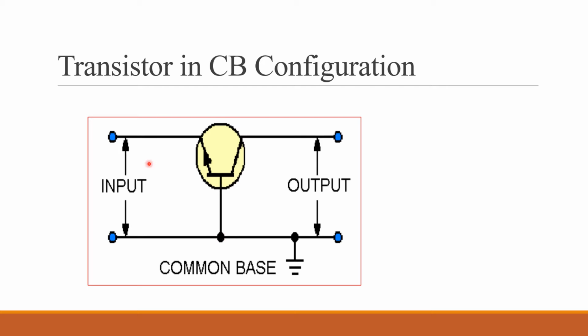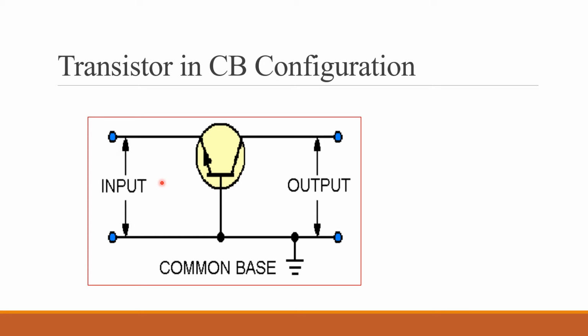The input current flowing into the emitter is quite large, as it is the sum of base current and collector current. Therefore, the collector current output is less than the emitter current input, representing a current gain for this type of circuit of 1 or less.